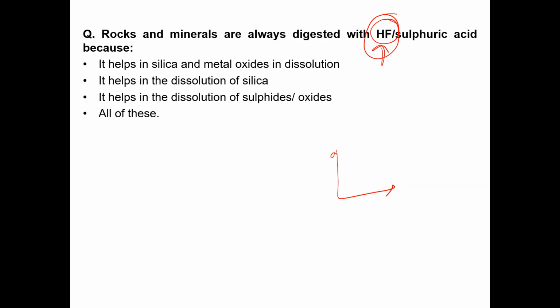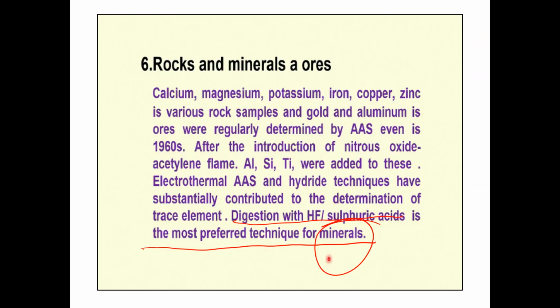And HF can convert silica into silicon fluorides which are easily decomposable, and it also helps with the metal oxides. And if there are metal oxides, they can easily be analyzed by atomic absorption spectrometry. So the first option will be the right answer.